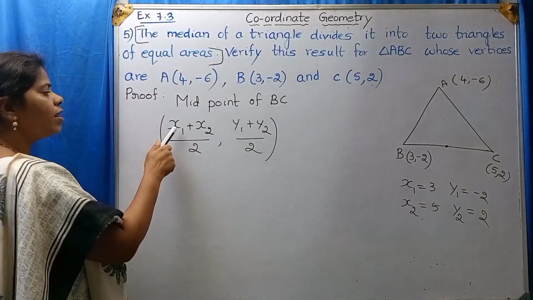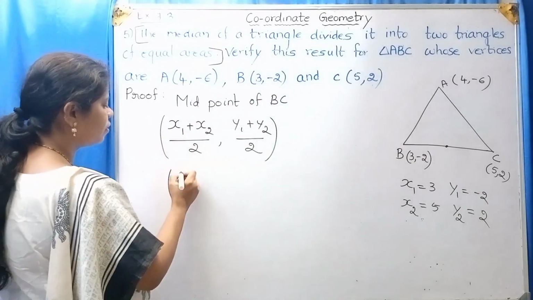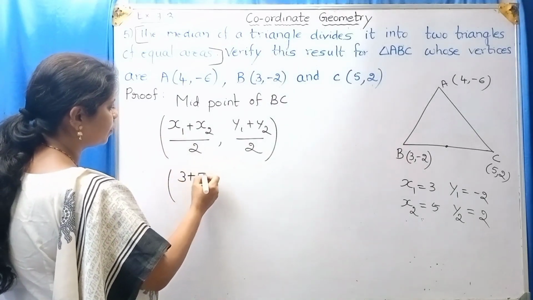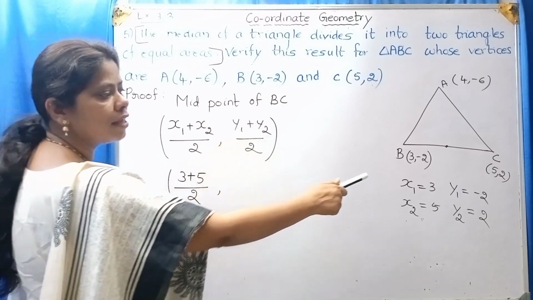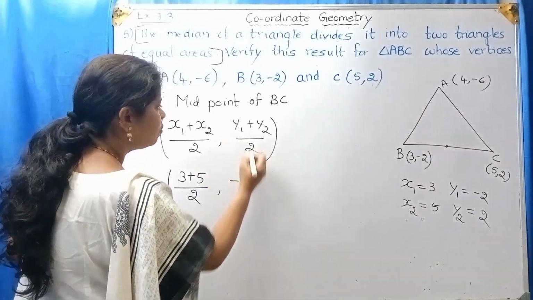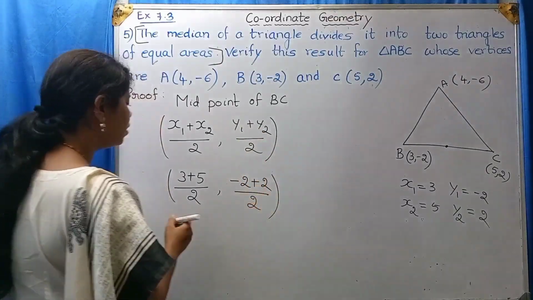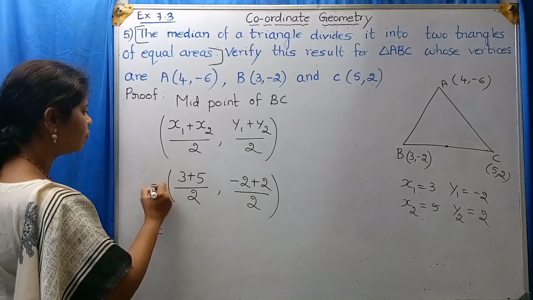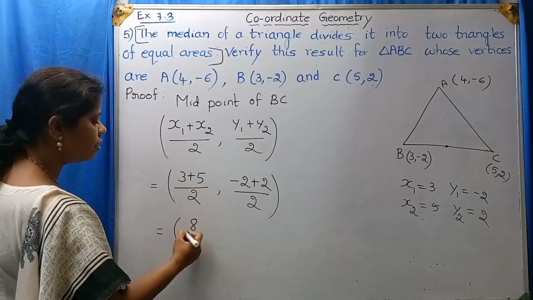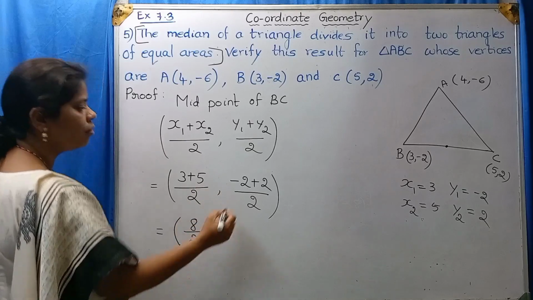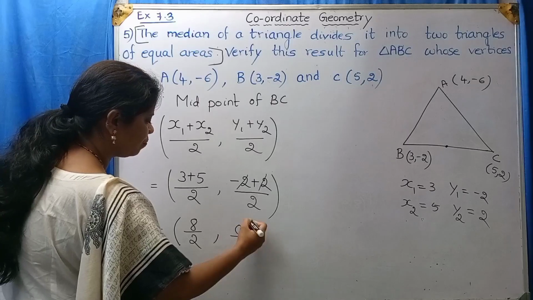Now let us substitute: x1 + x2, that is (3 + 5)/2, comma, y1 + y2, that is (-2 + 2)/2. 3 + 5 is 8 divided by 2, comma, -2 + 2 cancels, 0 by 2.